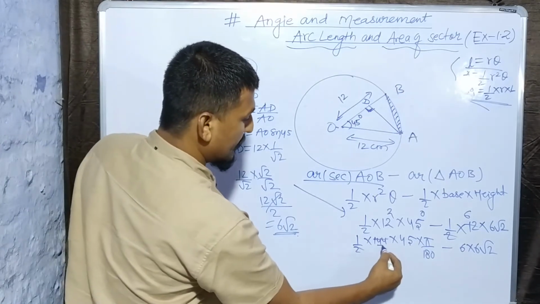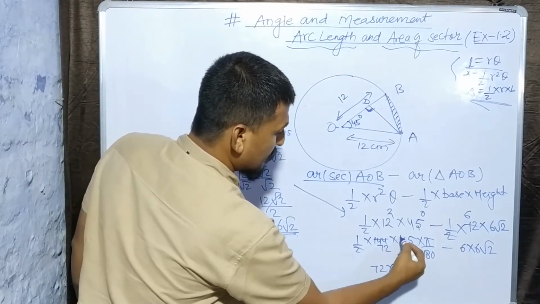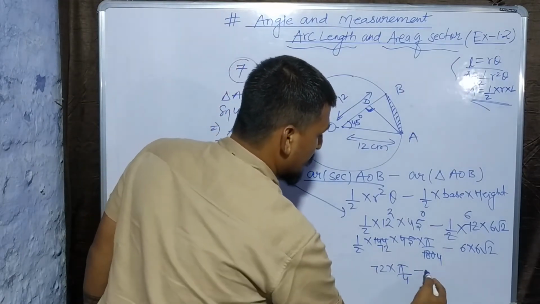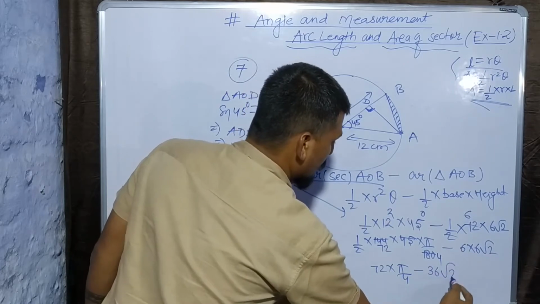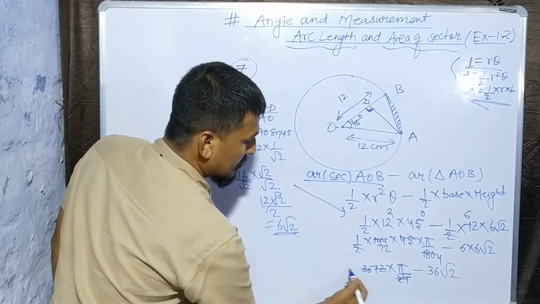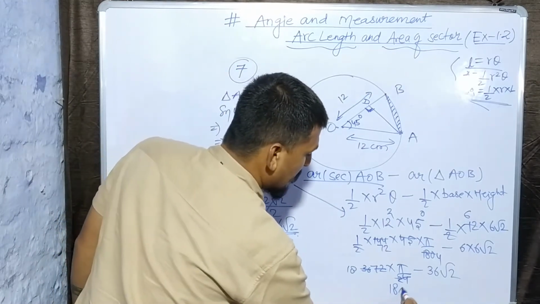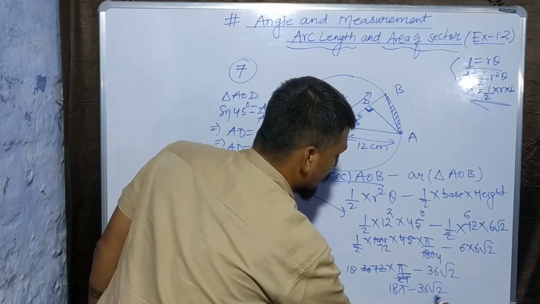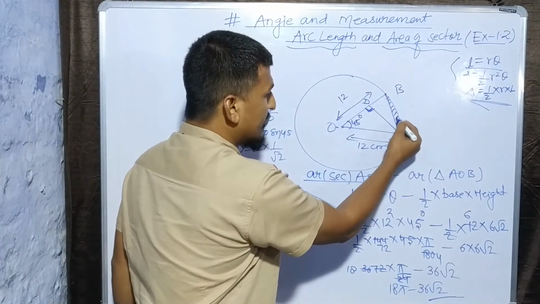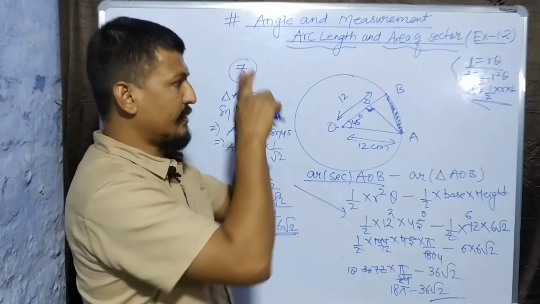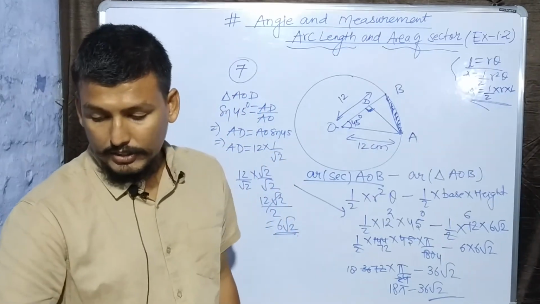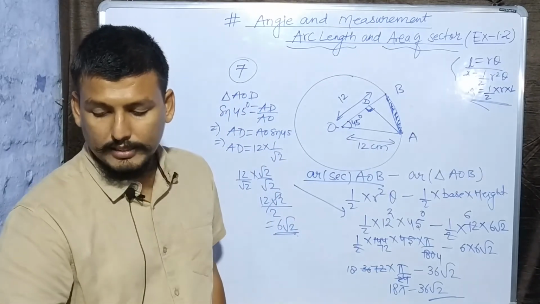Now this becomes 72 into pi by 4, minus 36 root 2. So we have 18 pi minus 36 root 2 as the answer for this shaded region. The shaded region is the difference of the area of sector and triangle. So 18 pi minus 36 root 2 is the answer.